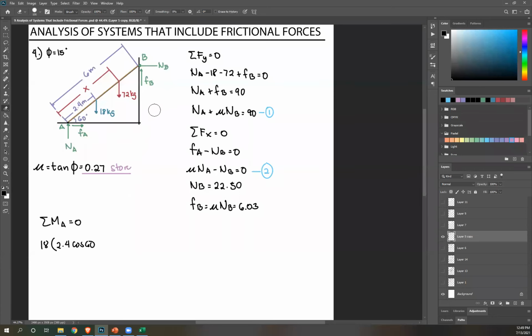Okay? Do the same thing here. 72 clockwise, positive 72. And then same thing. This forms the base of a right triangle. So that's just the hypotenuse, which is x, cosine theta. And then FB, rotate counterclockwise, so negative FB. Now, what are we looking for? We're looking for the base of this large right triangle.